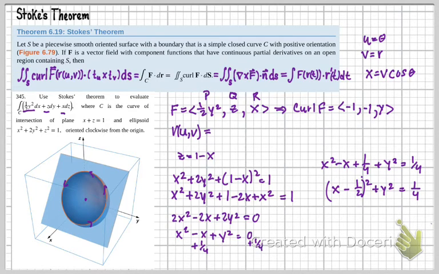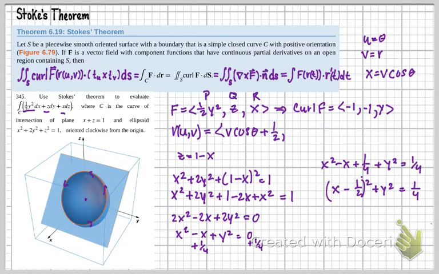So instead of just an x here, we're going to have x minus 1/2. So what we're going to end up with for our x here is v cosine theta plus 1/2. Because remember, it's going to move to the right 1/2, and that's going to add a 1/2 to my x. So same idea here, but just in parametric.